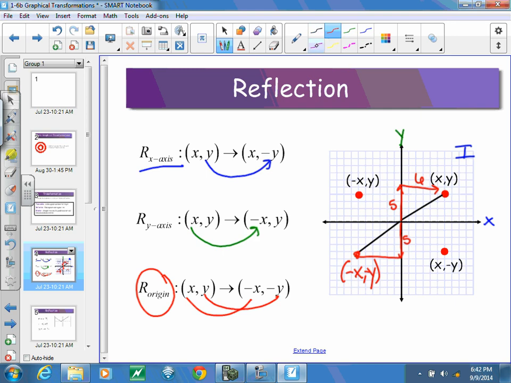So just to replay all of this, if we wanted to reflect something across the x-axis, let's say we take the point of -3, 5. If I reflect that point over the x-axis, your x value will stay the same and your y value is going to become the opposite.